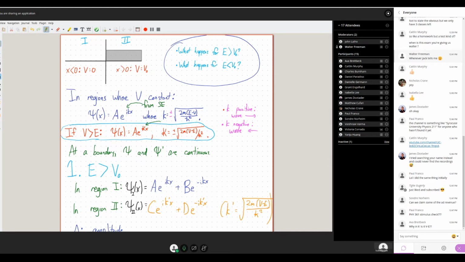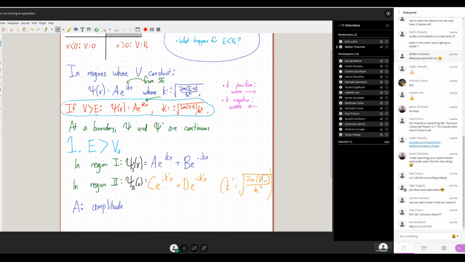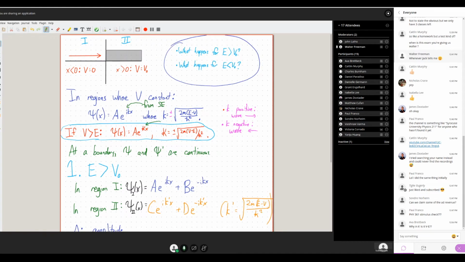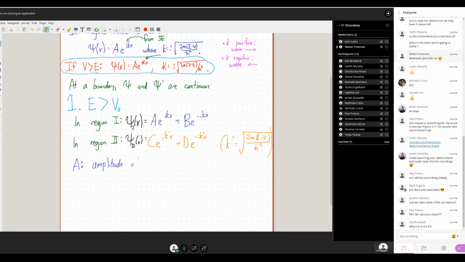Because I made a mistake, Ava, this should be E minus V. You're right. So A is the amplitude of the incoming particles, or the wave.